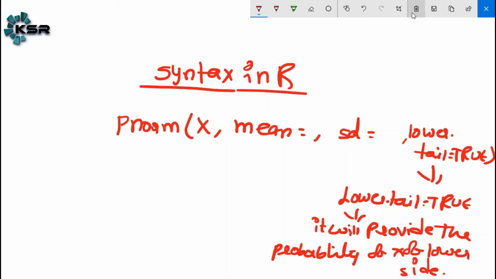Now, how do I write the syntax for our case? Here the range is 40 less than or equal to f of x less than or equal to 60, right sir?